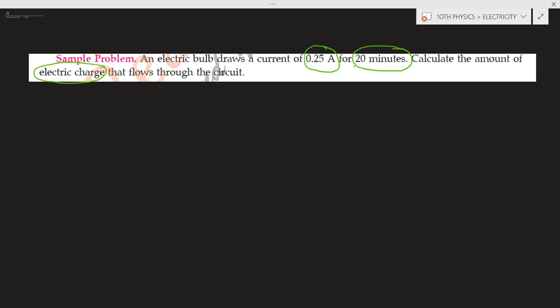Okay. So there is a relation between the current, charge and time. Current here is given as 0.25 ampere. Time is given as 20 minutes. Now the SI unit of time is second, so we will convert 20 minutes into seconds.